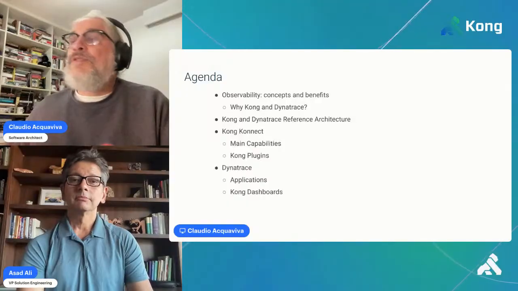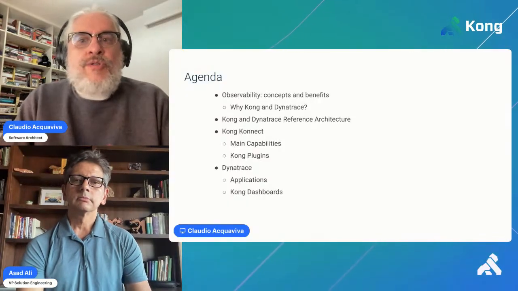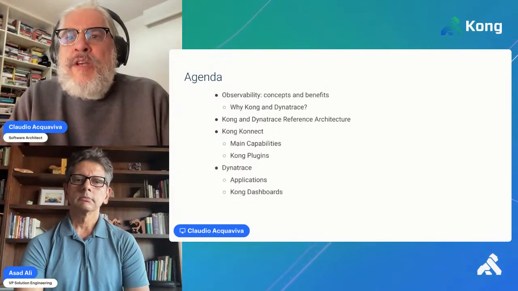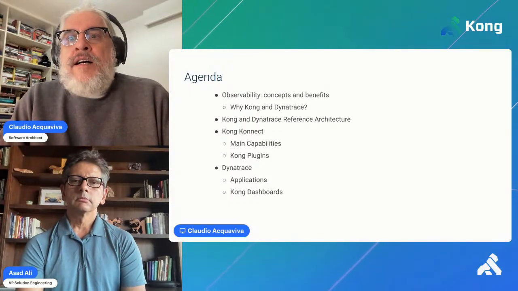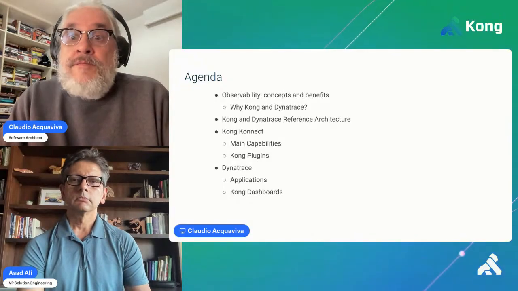And let's get it started. So here's the agenda. First of all, we're going to talk about, just a quick recap, the main concepts and benefits of observability in general.